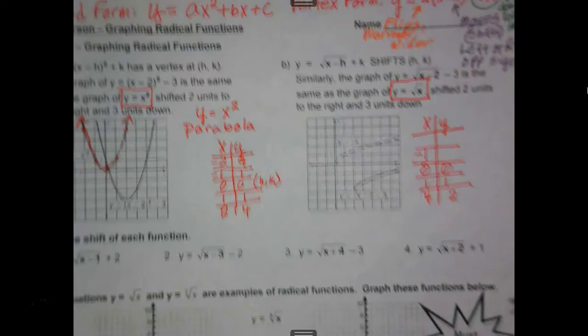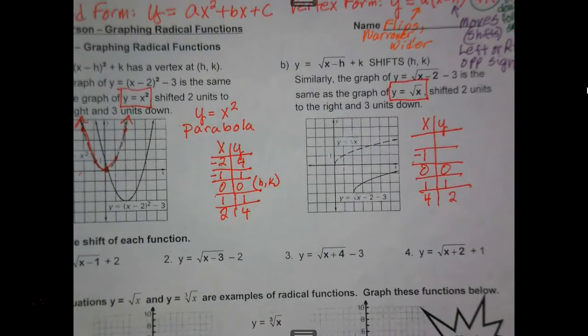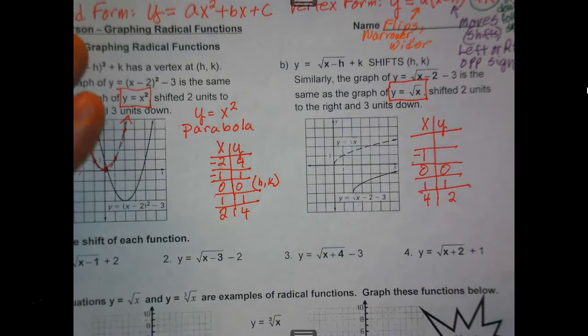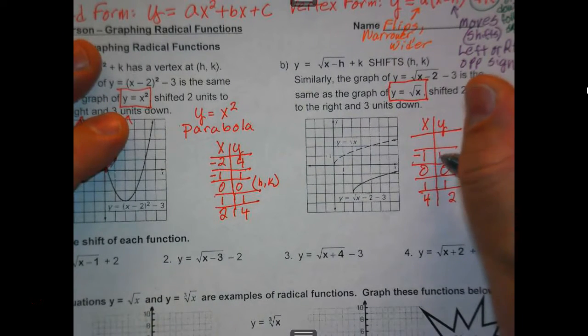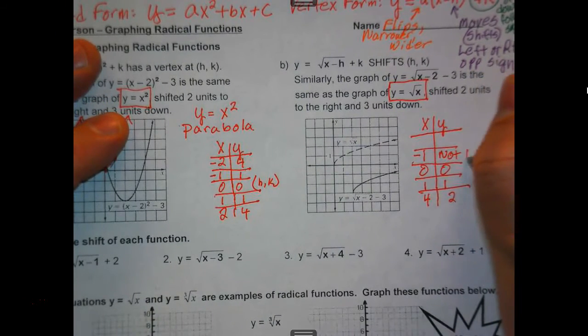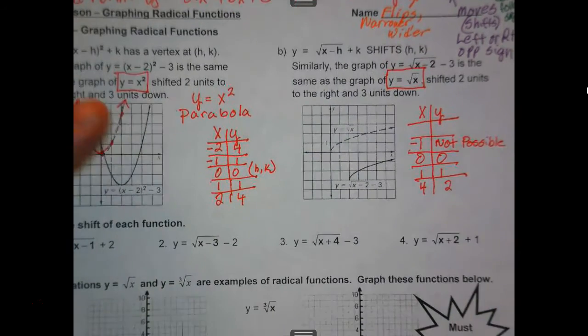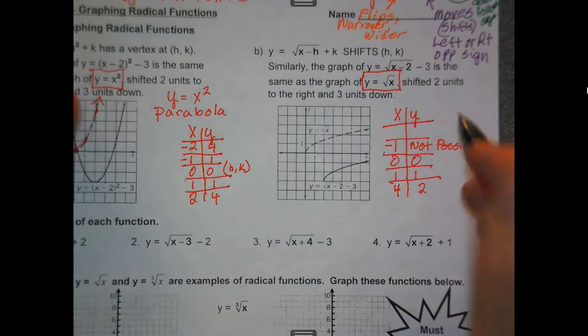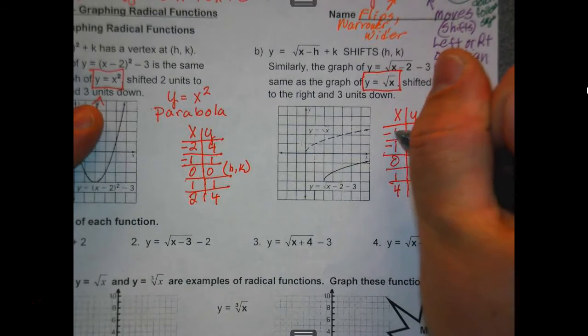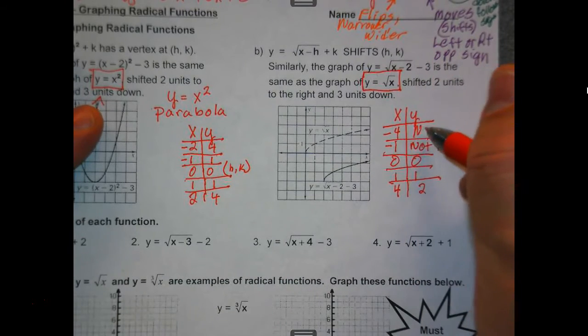Because you cannot take the square root of a negative number. No, you can't. Very good, Patrick. Not possible. No solution. Okay, let's see if I can catch you. What's the square root of -4? Ah, very good.